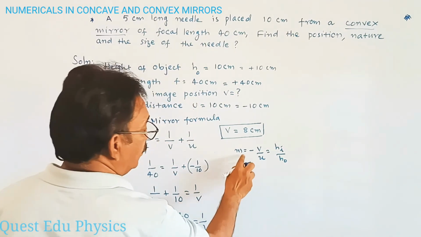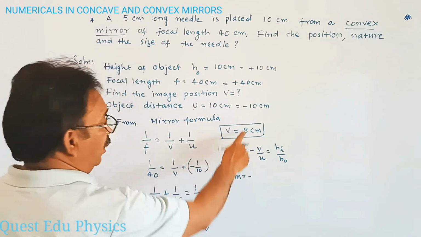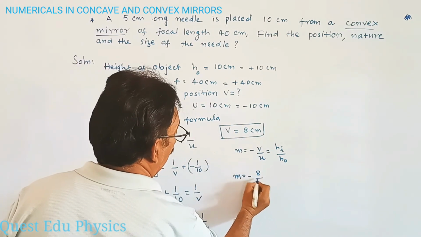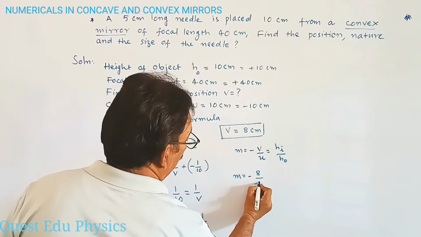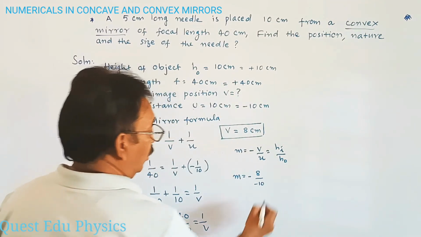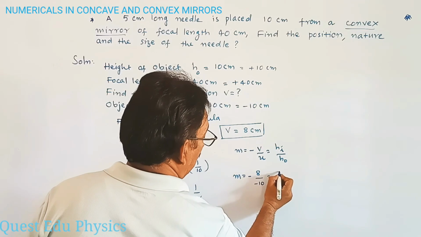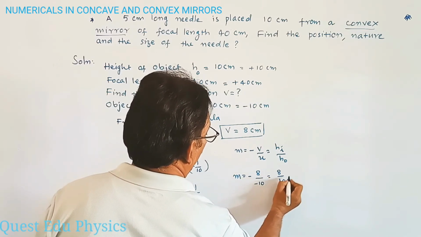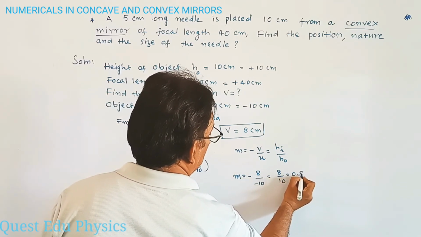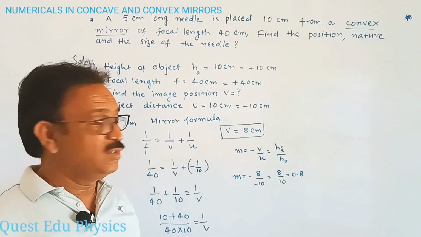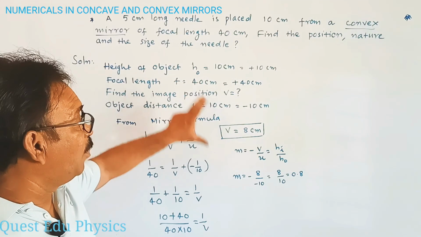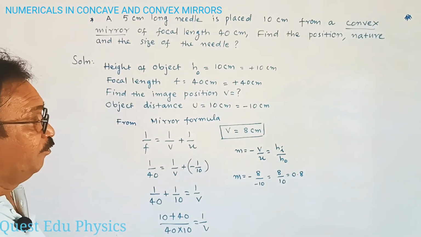Magnification M is equal to minus of V, already we got 8, by U is equal to minus 10. Okay, students, it is 8 by 10, means it is 0.8. The magnification is less than 1, students. That means it is smaller than the object.